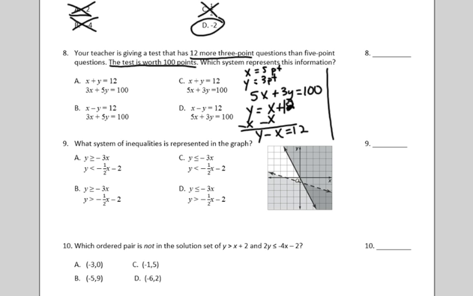So this would be my two equations if x is 5-point questions and y is 3-point questions. So I'm looking at these two right here, and neither of them, 5x plus 3y is true, but it doesn't say y minus x equals 12 or negative x plus y. So those are out.